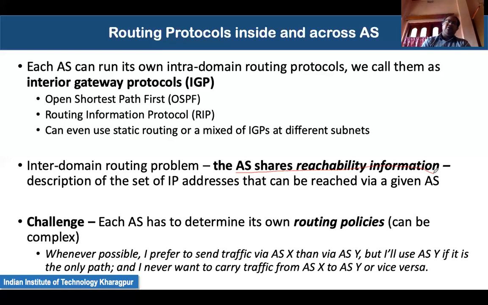In inter-domain routing, every autonomous system shares reachability information among themselves. So it is basically a description of the set of IP addresses that can be reached via a given AS.